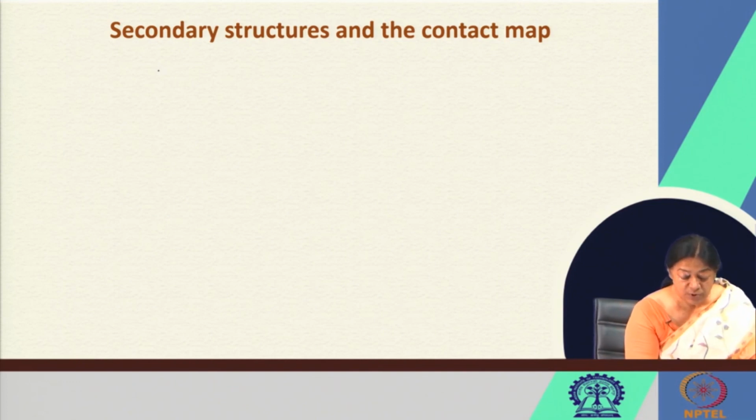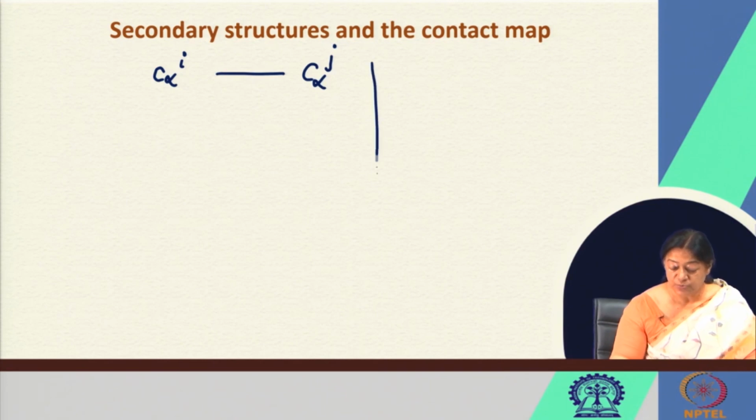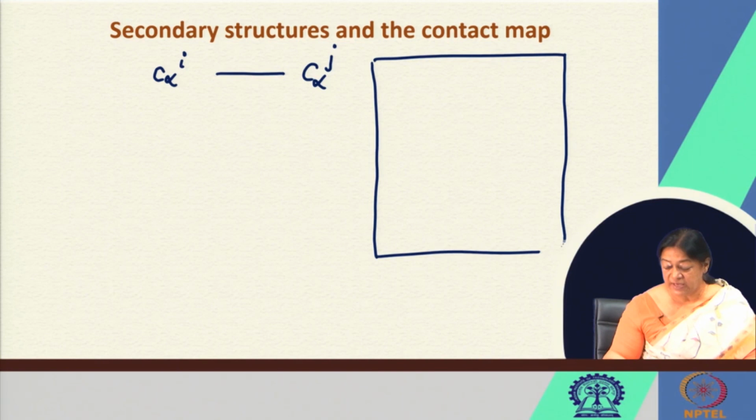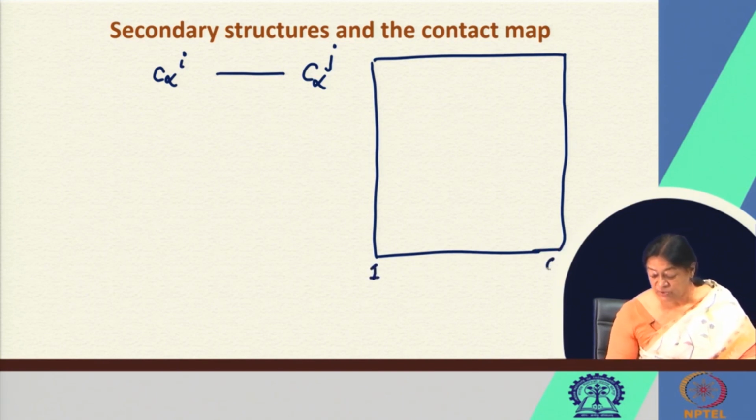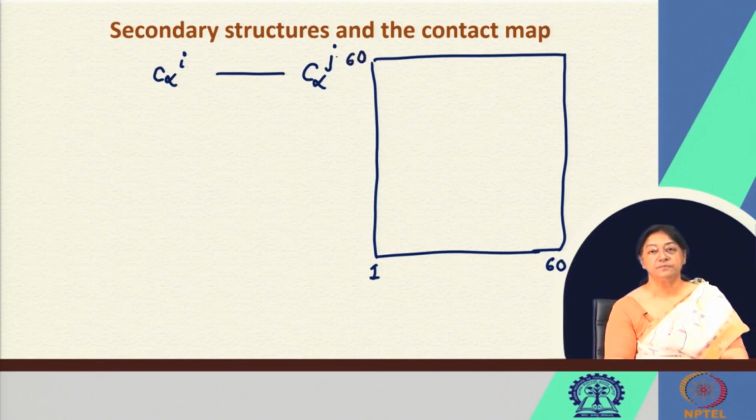Essentially, we are taking the C alpha of i and calculating the distance to C alpha of j. We create a matrix, and say we have 60 residues, so I look at 1 to 60 here, and I also look at 1 to 60 along the y axis.